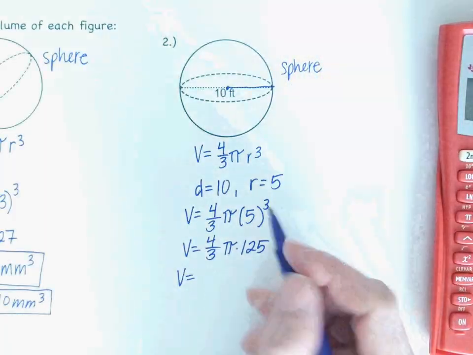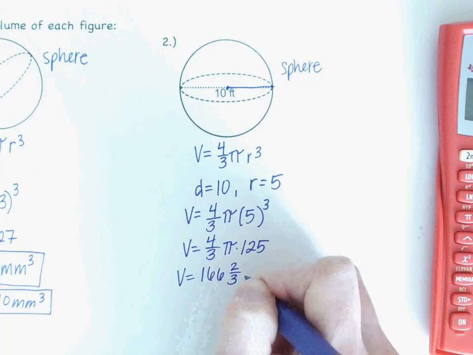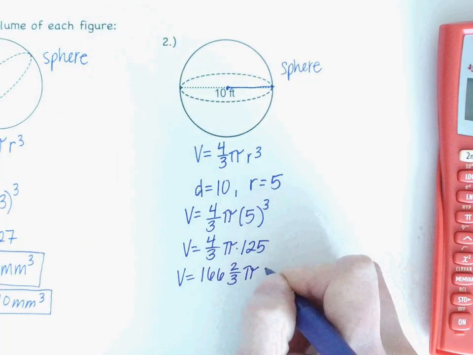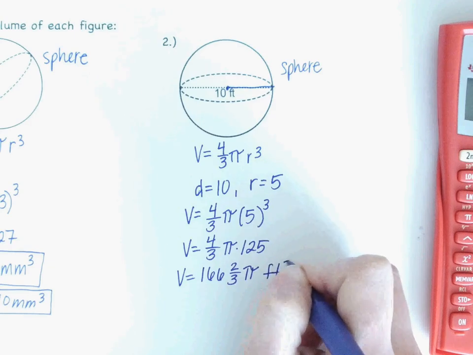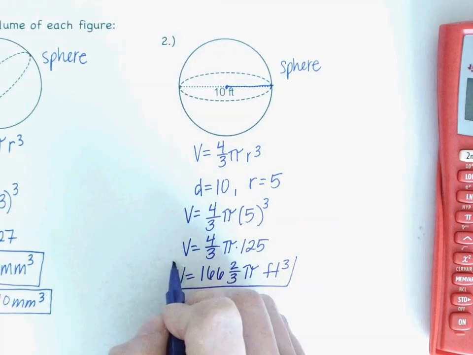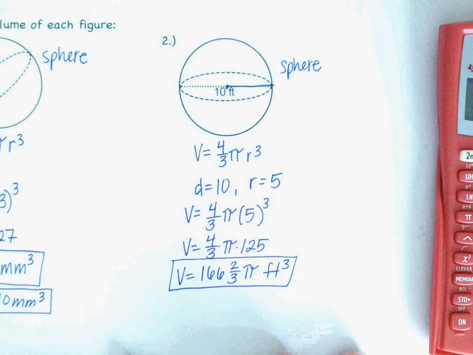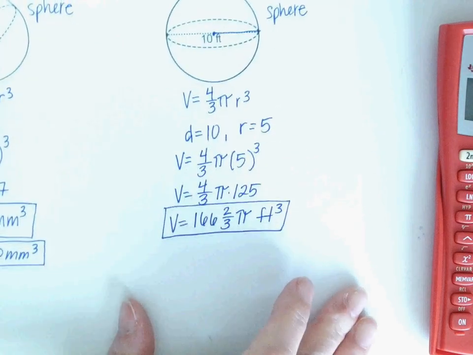So I'm going to go ahead and write that down. 166 2/3. Leave it in terms of pi. I'm going to label it as feet cubed. And I'm going to remember this as this is the most accurate answer because we don't know an exact answer for pi. And so we had nothing to round.